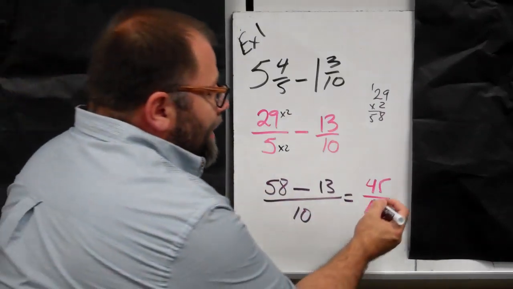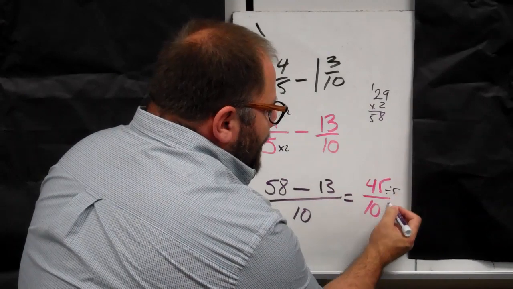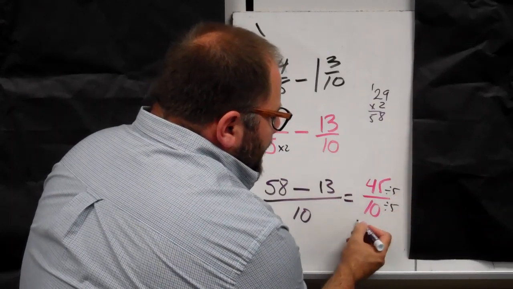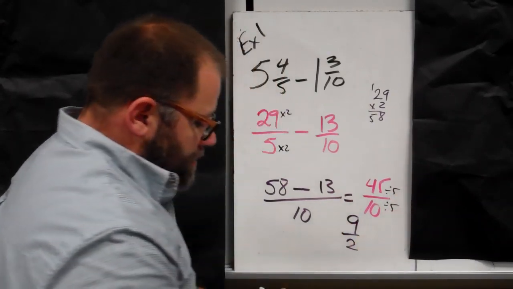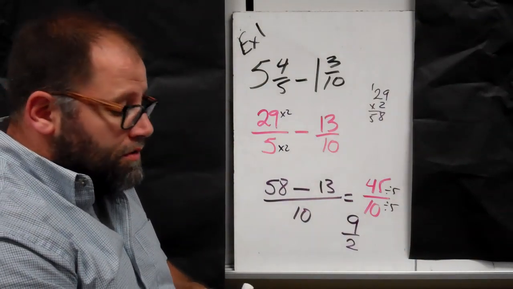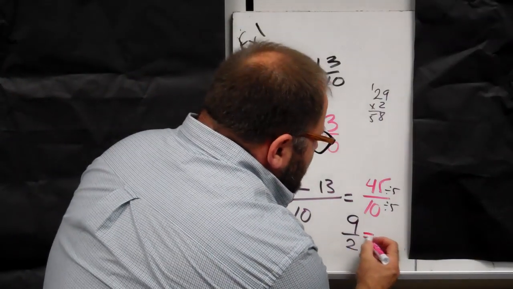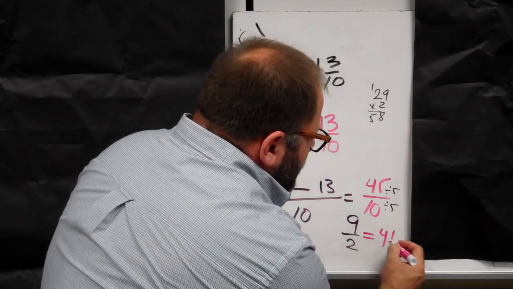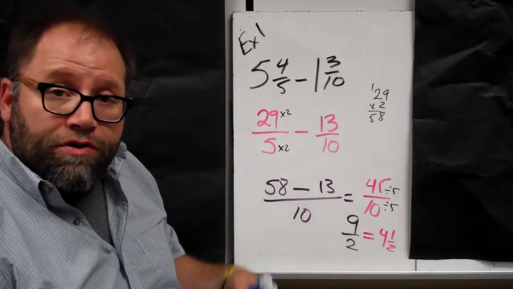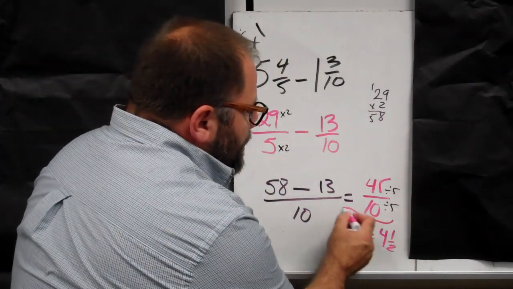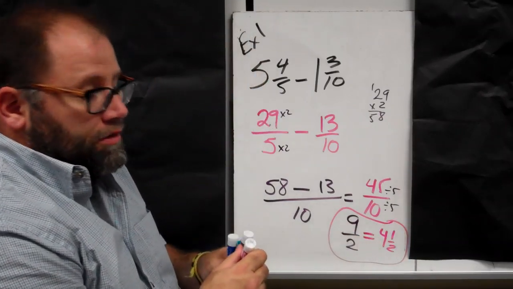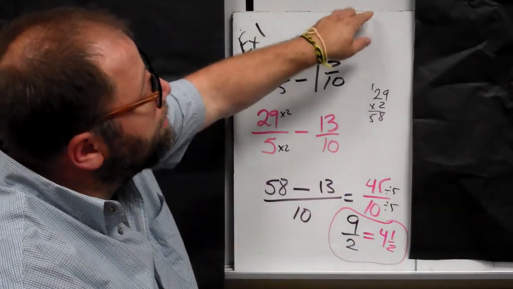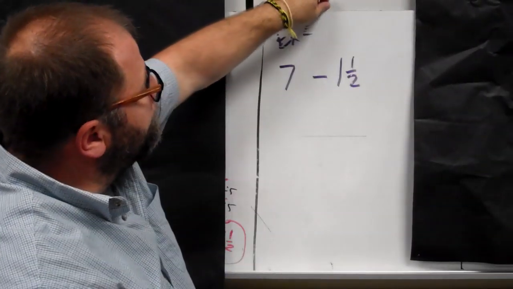They both have a common factor of 5, so if we divide both by 5, we get 9 halves. Which is correct. And we would also accept 4 1/2, because those are equivalent. So either one of these would be successful.